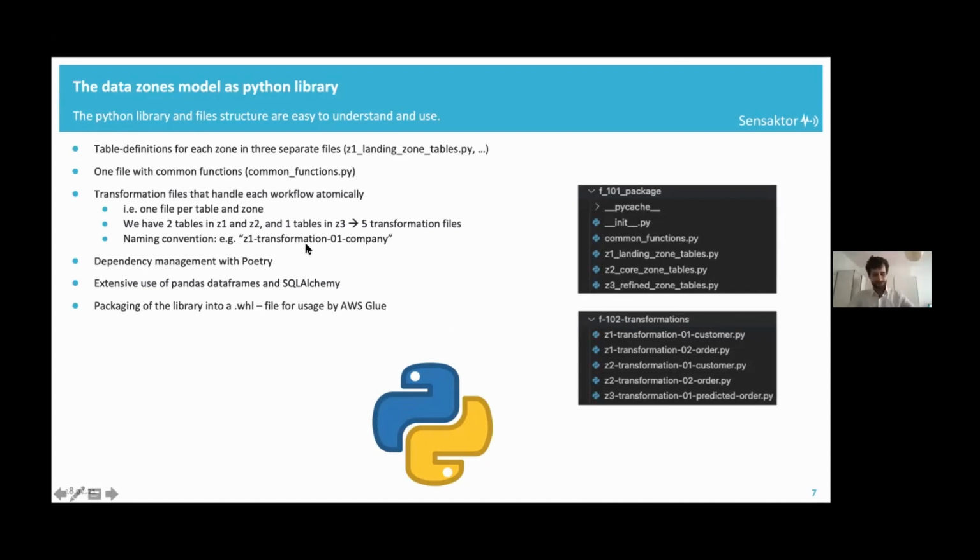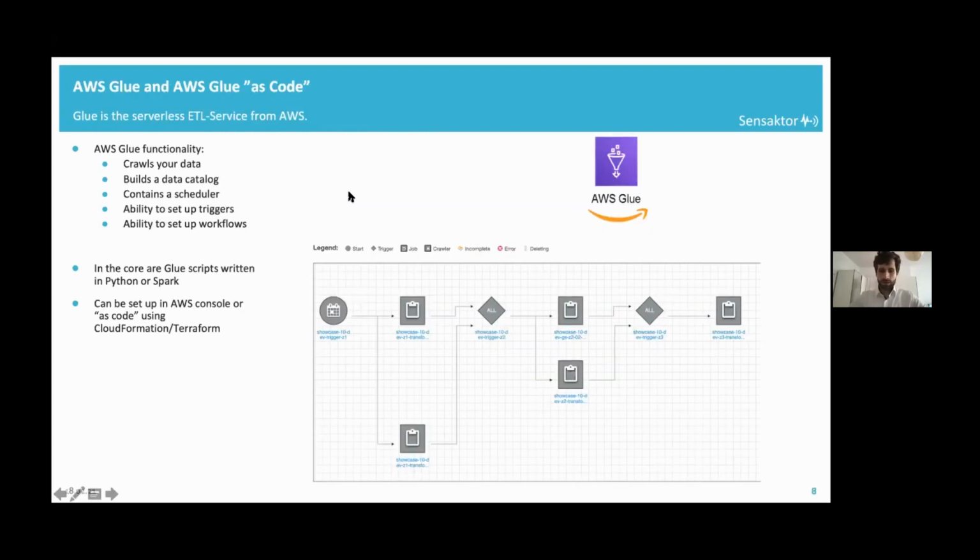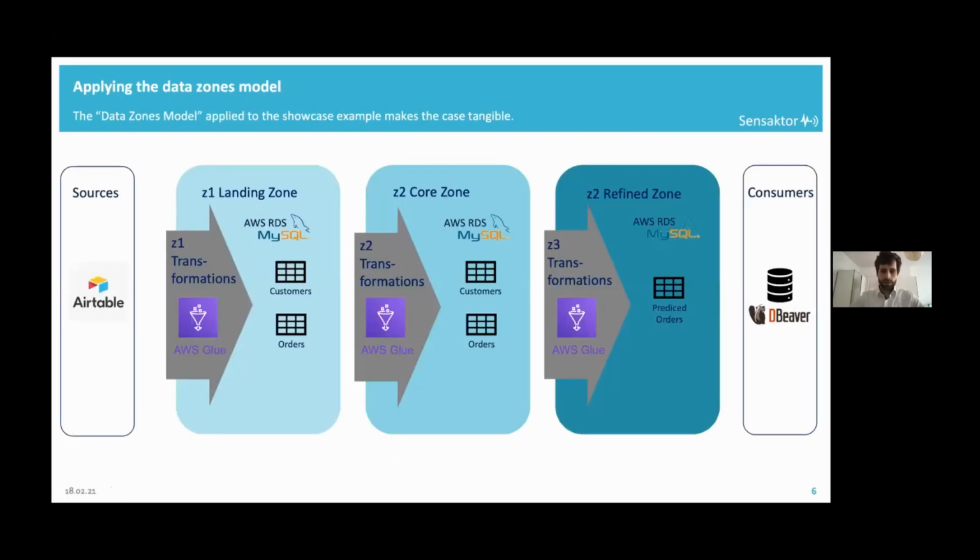Yeah, thank you very much for this question. I have indeed not specifically addressed this. So let's say the name data zones model, I'm using it here for the first time. But what I've seen in projects and what you will also find online is landing zone. This is sometimes also called staging area.